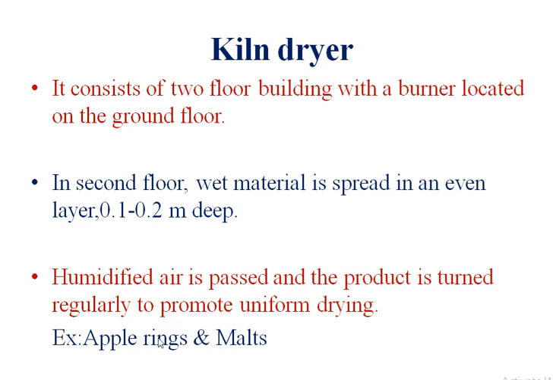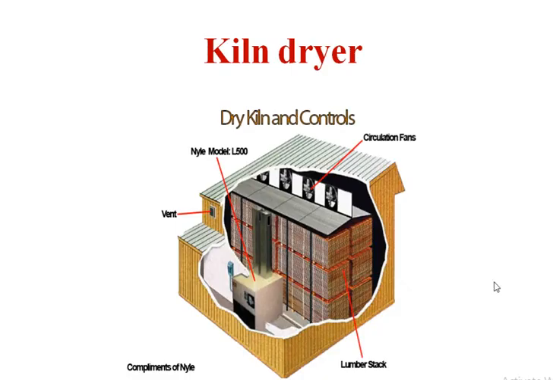For example, we can dry apple rings, and malted foods can also be prepared using this kiln dryer. You can see the two or three floors in this type of dryer, and on these floors we can dry the food substance.